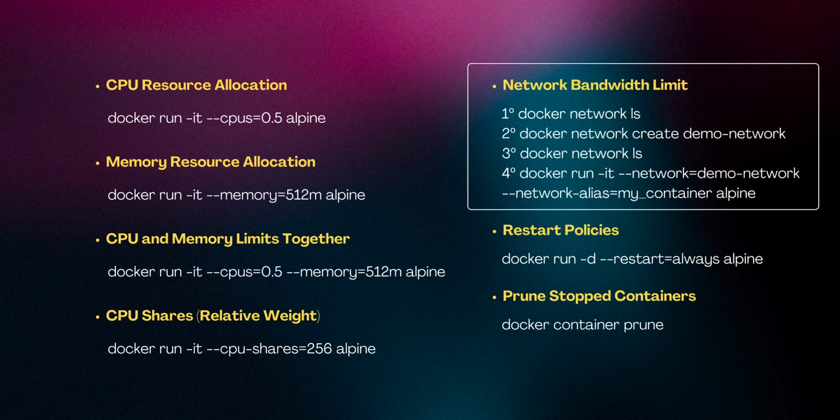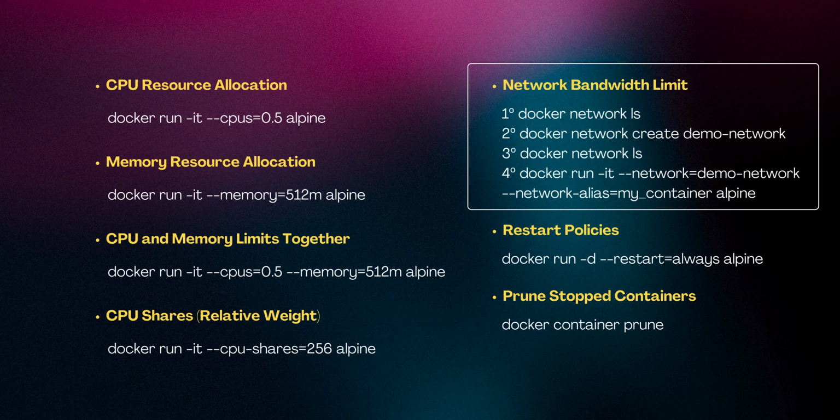And the next one is network bandwidth limit. By attaching a container to a specific network, you can control its network bandwidth and interactions with other containers on that network. By using these commands to create a network, you can attach a container to it and assign it an alias.